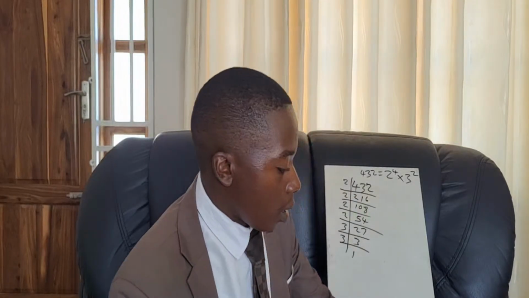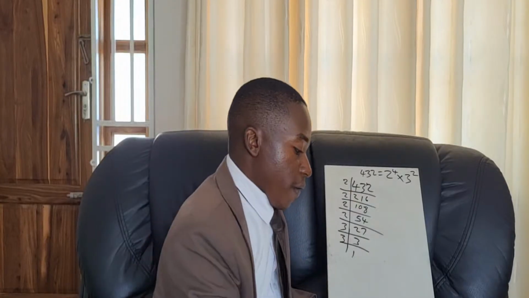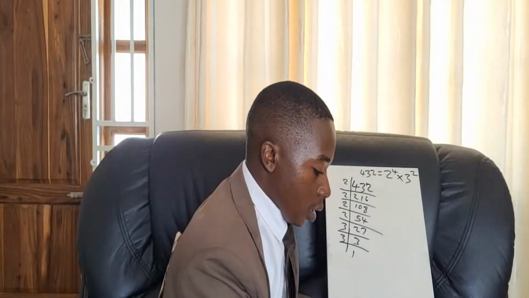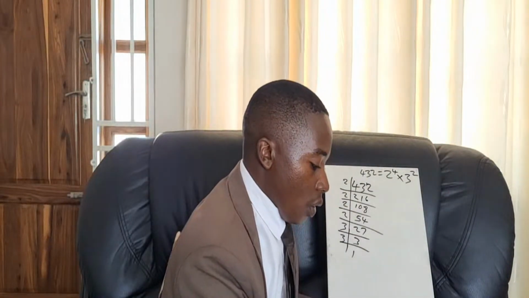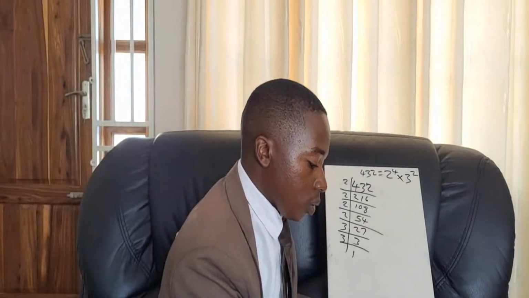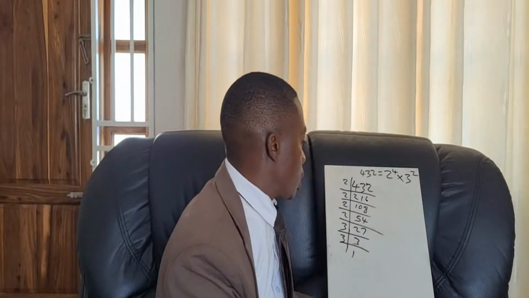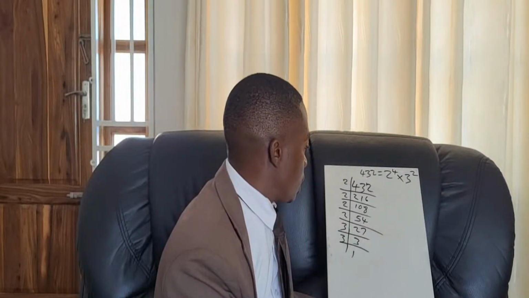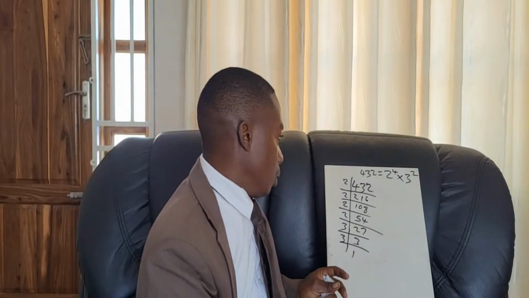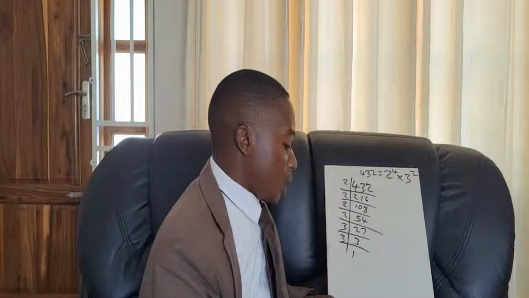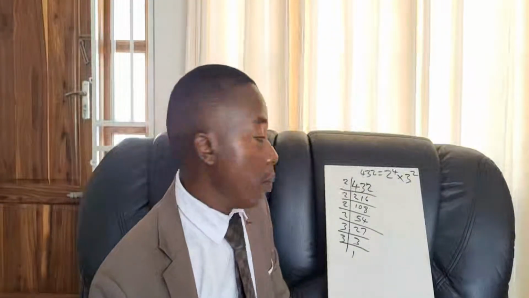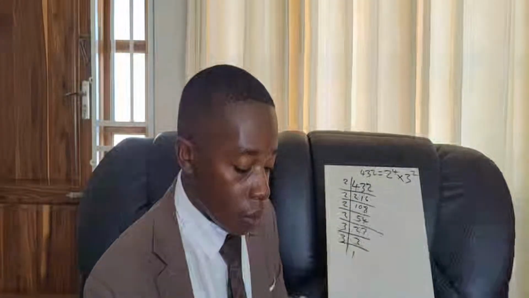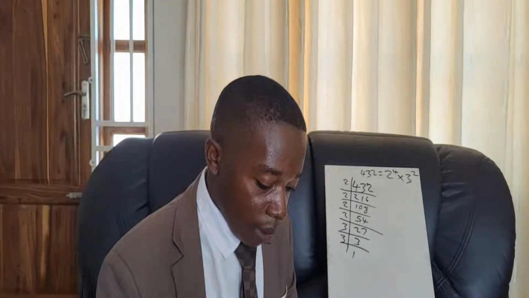For us to get a perfect square here, we must multiply by which smallest number? By 3. If you multiply 432 by 3, what do you get?